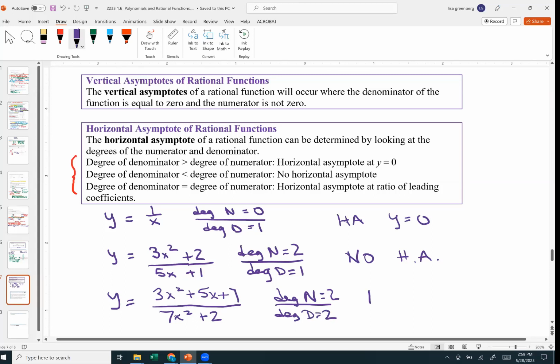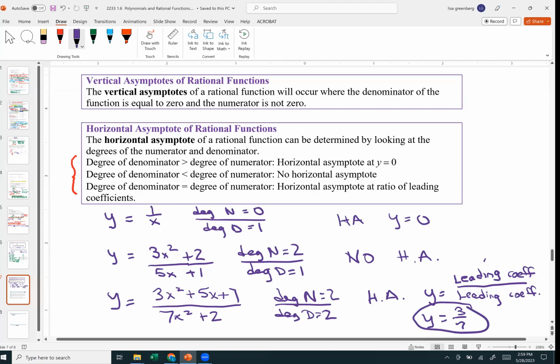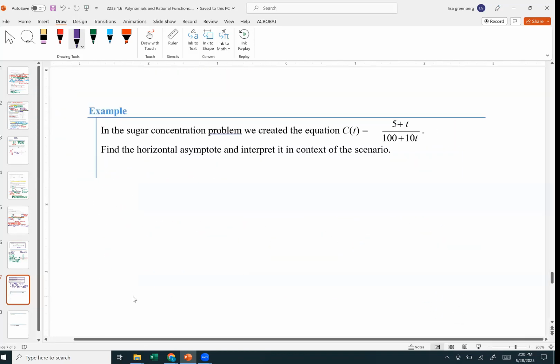So our horizontal asymptote is at y equals the leading coefficient of the numerator divided by the leading coefficient of the denominator. So for this one, we would have y equals 3/7 would be our horizontal asymptote. All right.